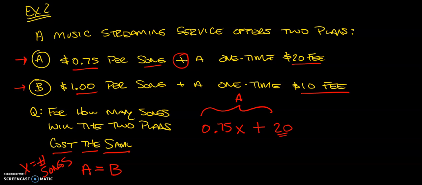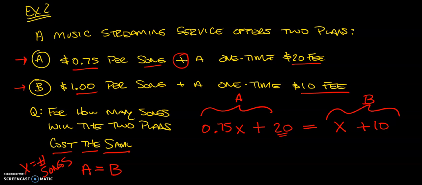We need that. And we're going to set that equal to Plan B, which is $1 per song, so that's just 1x plus a $10 fee. There's our constant. So we have different variables, 0.75x and x, and we have different constants. We're going to be able to get a singular solution for this.